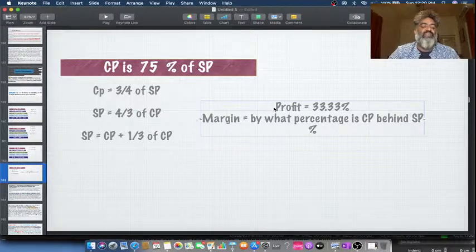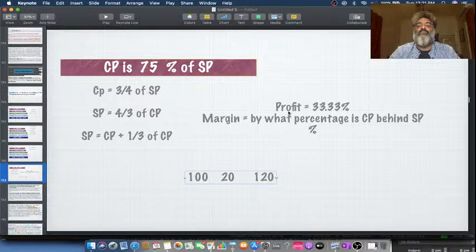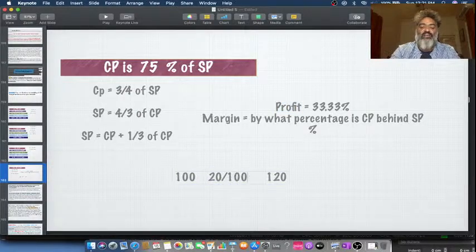Margin is nothing but profit, the amount of profit divided by the selling price. Let me give you a numbers example. Say if I buy something for 100 and sell it at 120, my profit I know is 20. But if I want to find the profit percentage, I will do 20 upon 100.